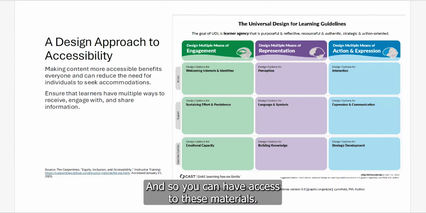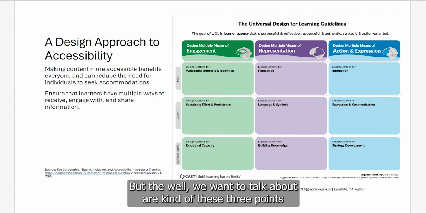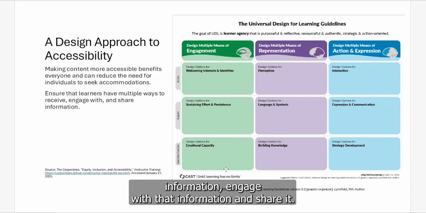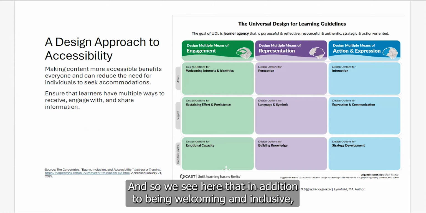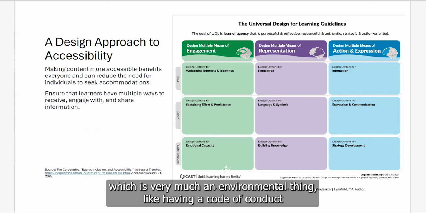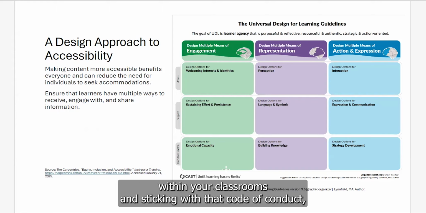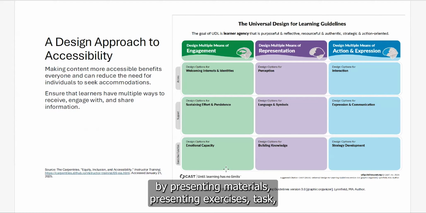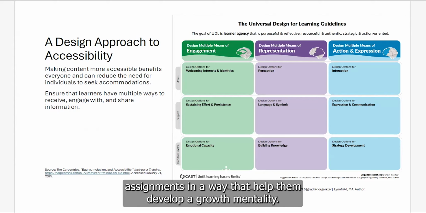You can have access to these materials, but what we want to talk about are these three points: making sure that learners have multiple ways to receive information, engage with that information, and share it. In addition to being welcoming and inclusive, which is very much an environmental thing, like having a code of conduct within your classrooms and sticking with it, we can help build learners' emotional capacity by presenting materials, exercises, tasks, and assignments in a way that helps them develop a growth mentality, right?